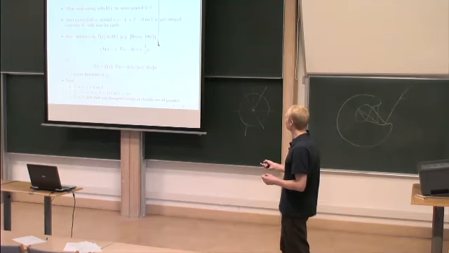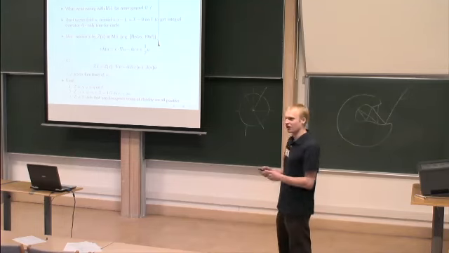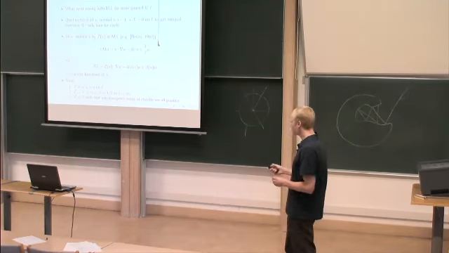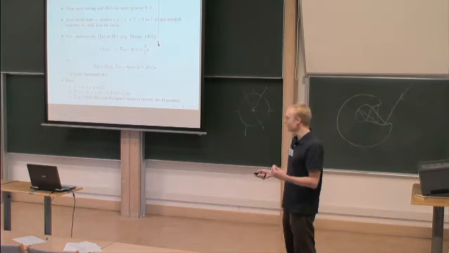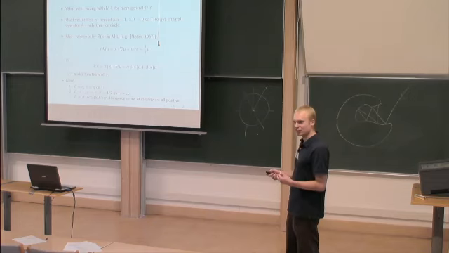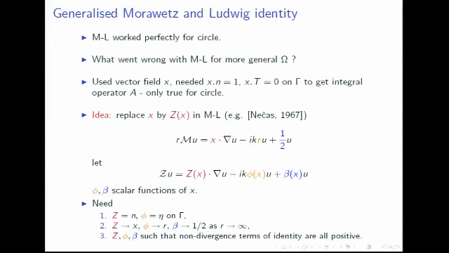Okay, so to use this more general multiplier for our argument, we need three things. Well, we need that the vector field z is the normal vector on the boundary. That's to get the standard combined potential operator. And this phi is going to be our coupling constant eta. Then the second thing we need is that this multiplier looks like this multiplier as r tends to infinity, to get this decay property on the large circle.